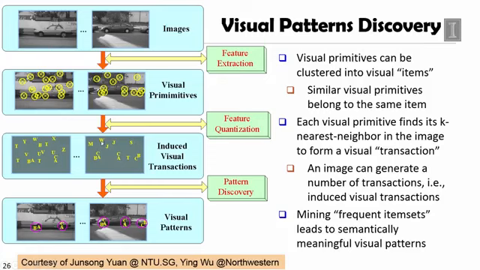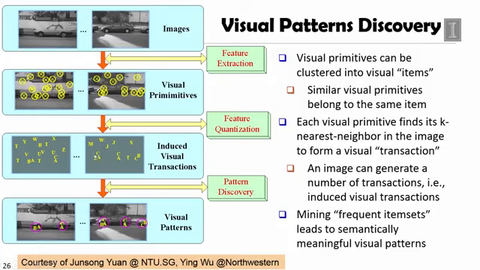Then each visual primitive, based on the k-nearest neighbors, can form small clusters, and we usually call those a transaction. For example, you may find these three visual primitives can form a transaction like CBA. Then an image may have many transactions.